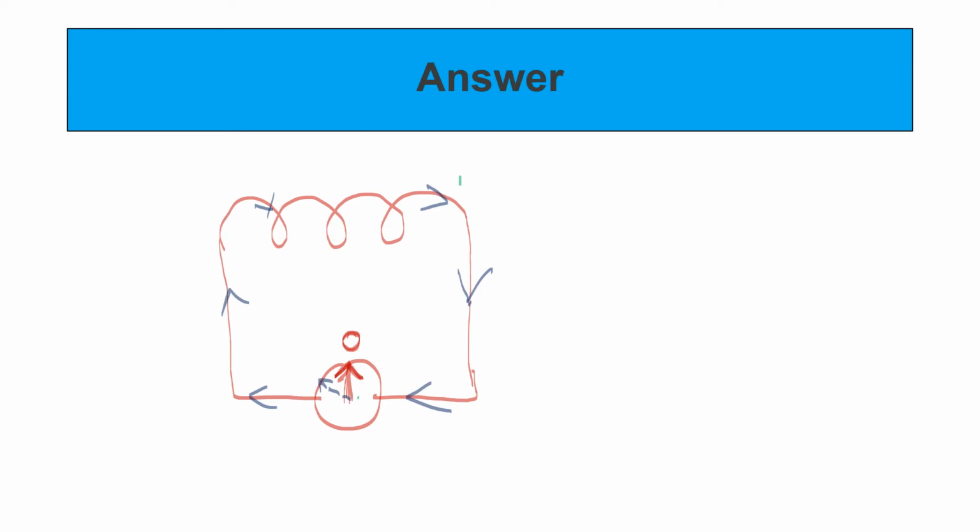But if the current is flowing in the opposite direction, which is the clockwise direction, this needle will deflect towards left. This is the clockwise direction.